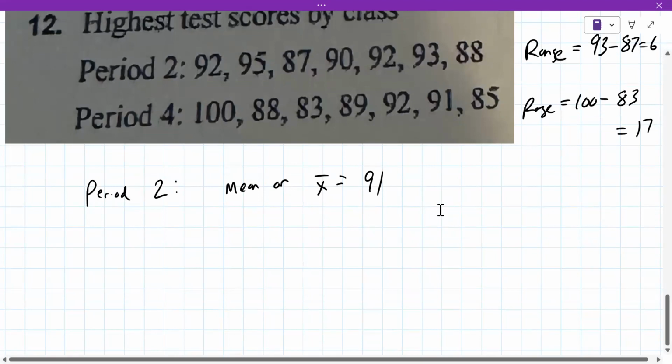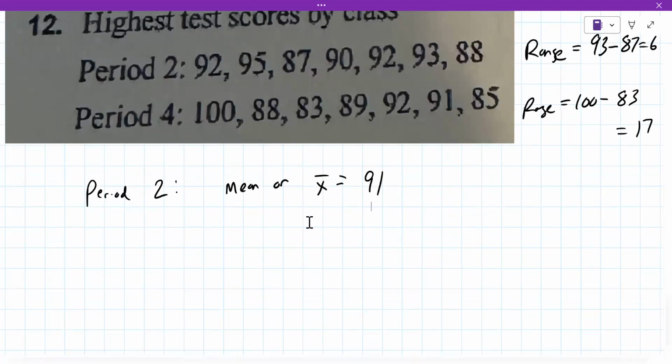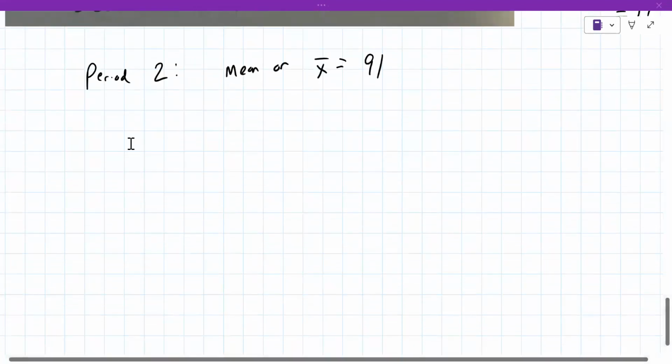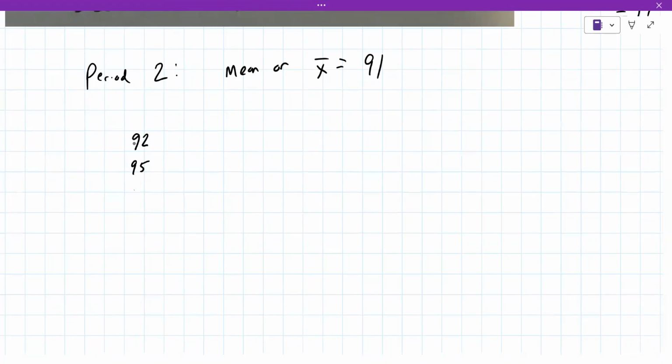And you have to make that table, which is a fair amount of work. You start by writing the data points, and then you have to subtract the mean and square it from each one.